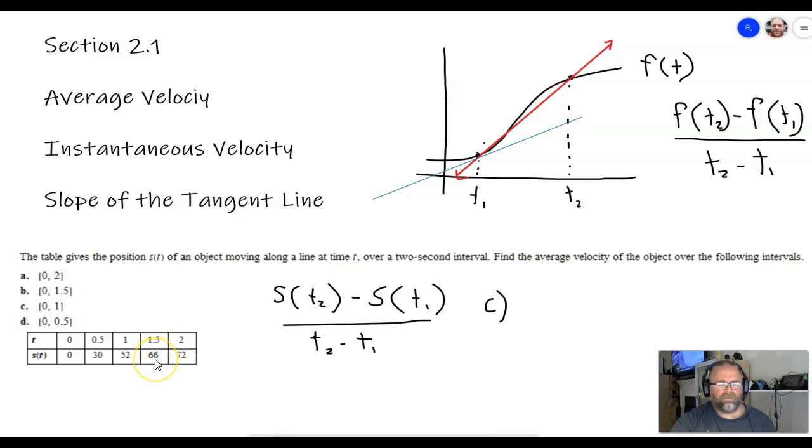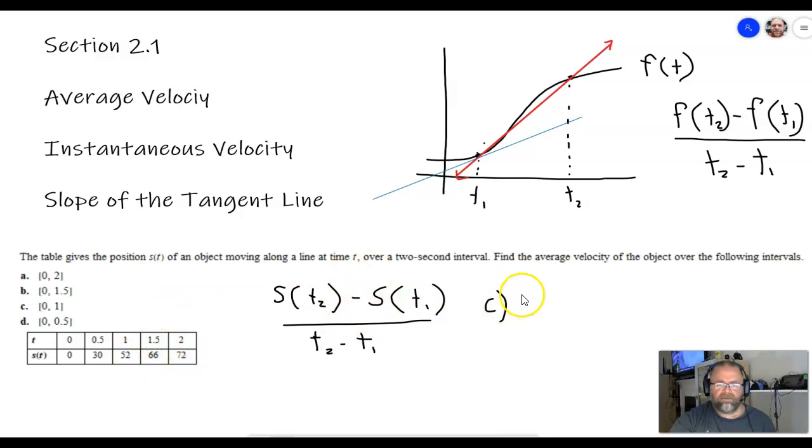So S of T2 will be the 66. Oh, I'm looking at B here, aren't I? So 1 here, so 0 and 1. So 0 is here, S of T1 is there, and then T2 is here, and then the one below it would be S of T2.